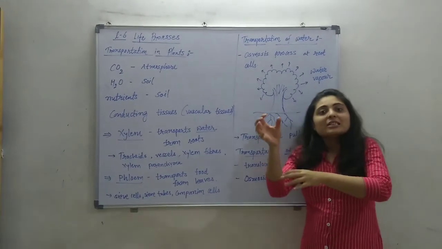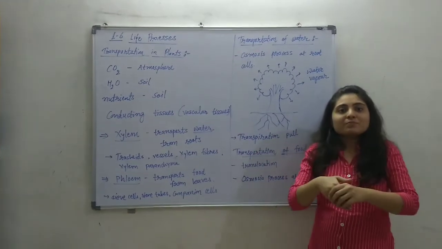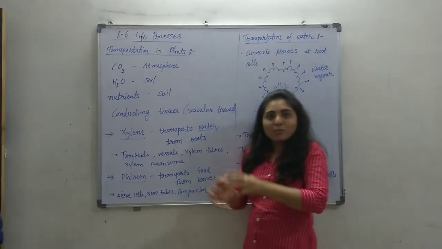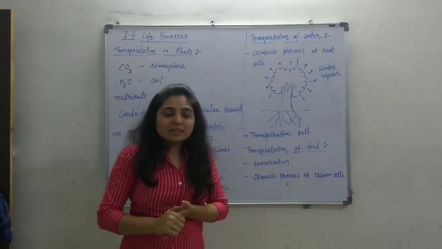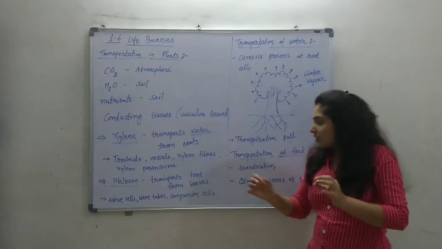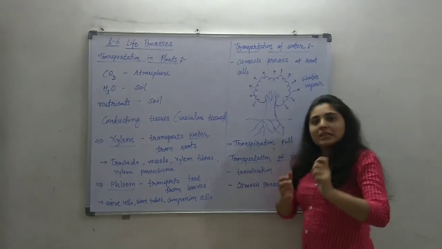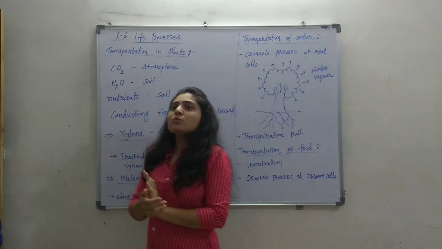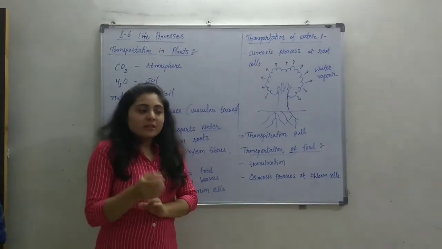So water will travel from xylem to phloem. As the water is entering the phloem, this water will take this food along. So this osmosis process at the phloem cell is necessary to transport the food inside.